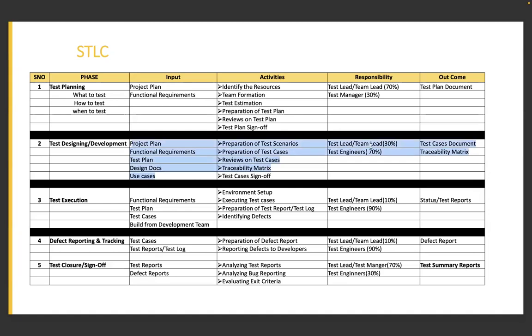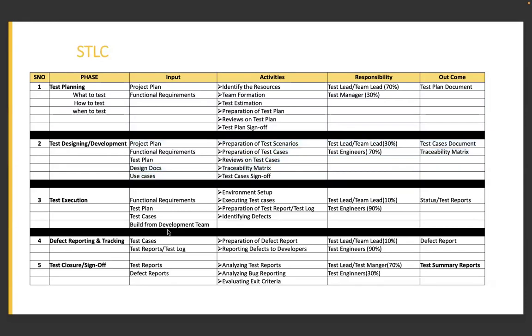Okay, who is the team responsible for doing this? Team lead is like 20 to 30%. All remaining is QA engineers. Okay, and the output is test case document and the traceability matrix.